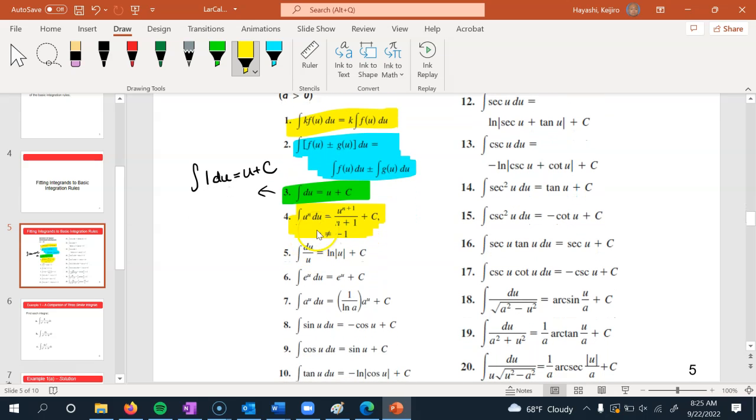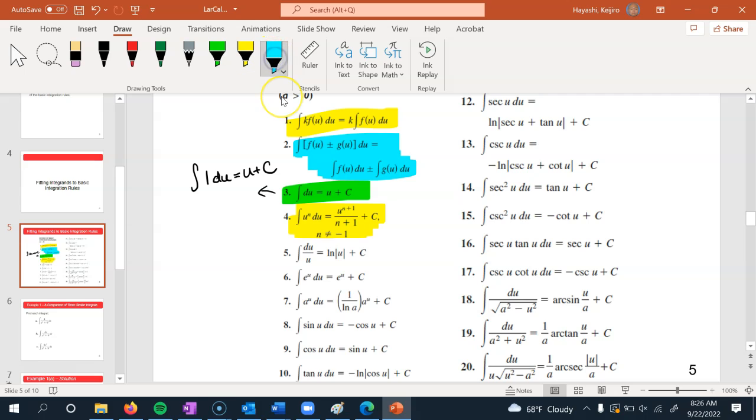Okay. And the power rule only works if n is not equal to -1. It can be literally anything else, but it can't be -1. And the reason for that is because if the power was -1 and you tried applying this rule, you would raise the power up to 0 and then divide by 0, so you can't actually do that. If n is -1, then u to the -1 would actually be 1 over u.